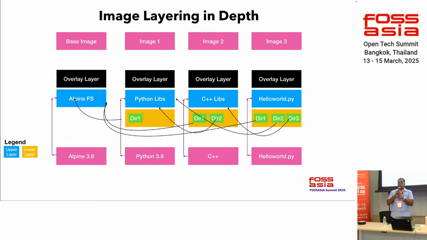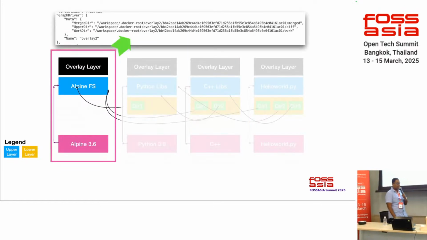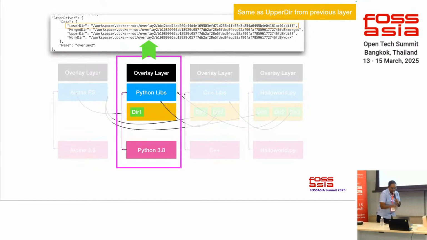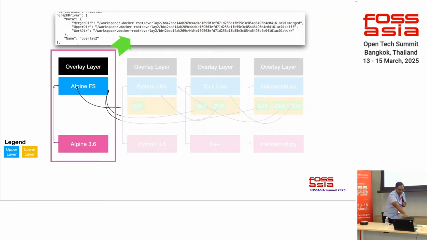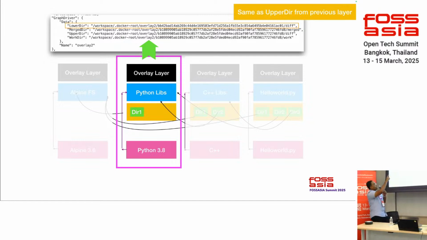You can easily see this by running a command called docker image inspect. If you run docker image inspect, at the end you will see a simple JSON where you're shown the merge directory, the upper directory, and the work directory for the base image. Coming to the next part, the lower directory is the same as the upper directory from the previous layer. So whatever you see here in the upper directory goes as a lower directory here.